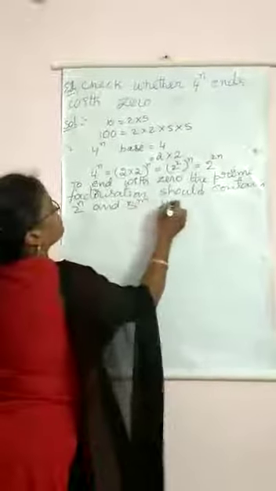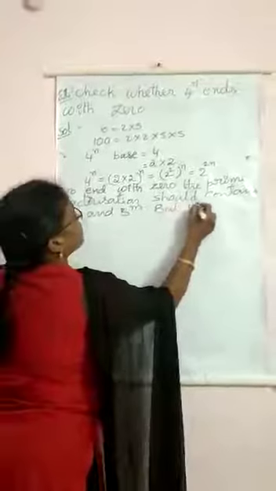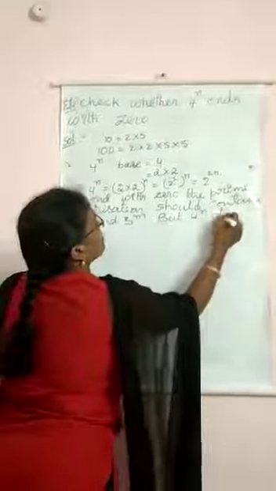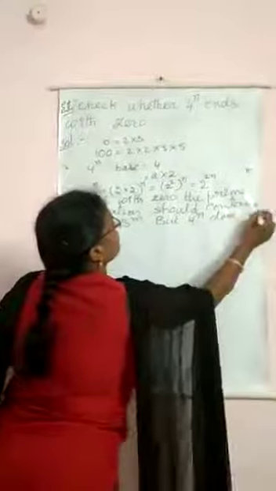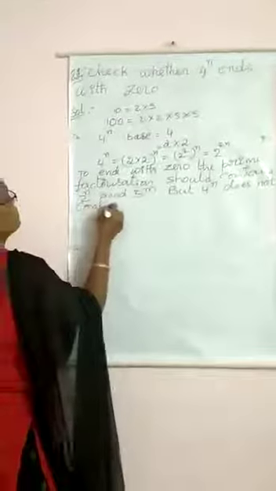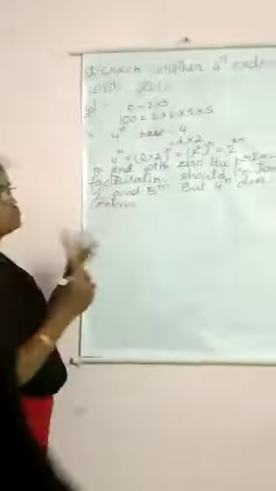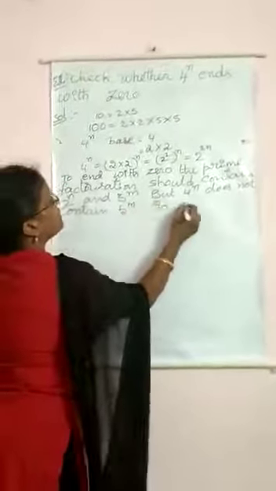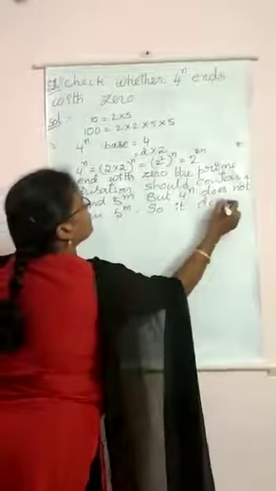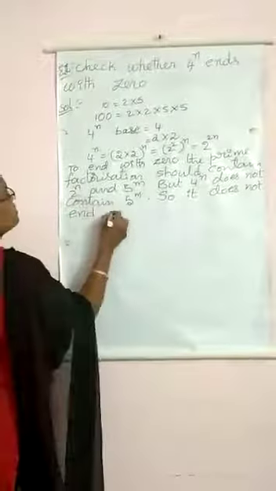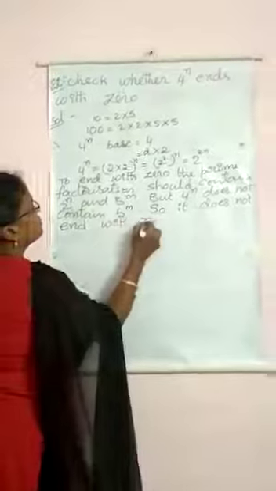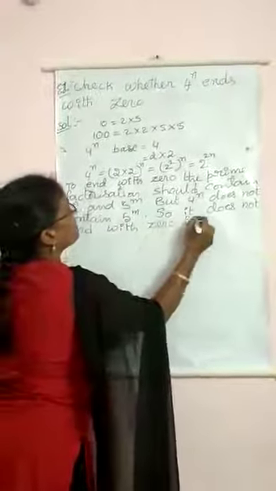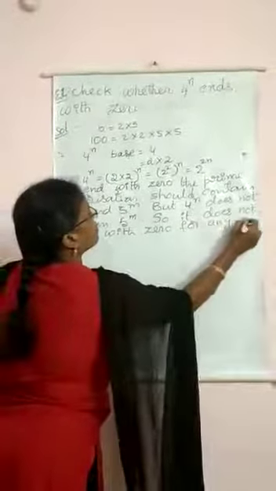But 4 power n does not contain 5 powers, it contains only 2 powers. So it does not end with 0 for any n value.